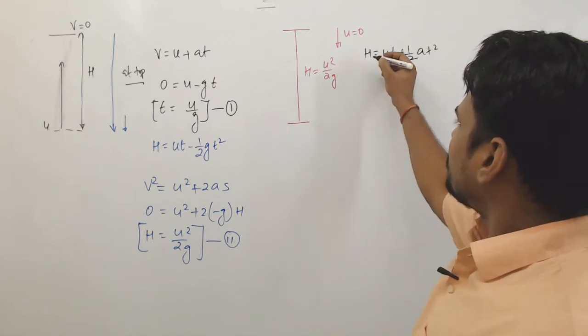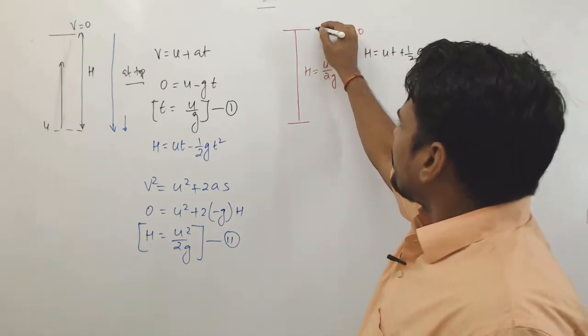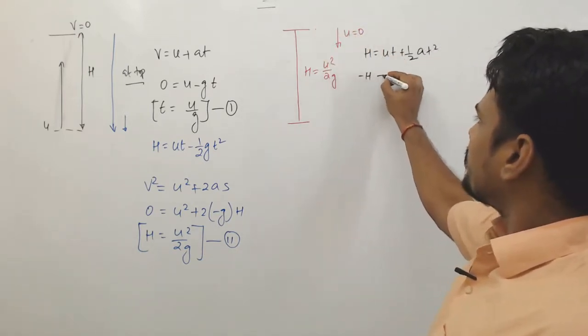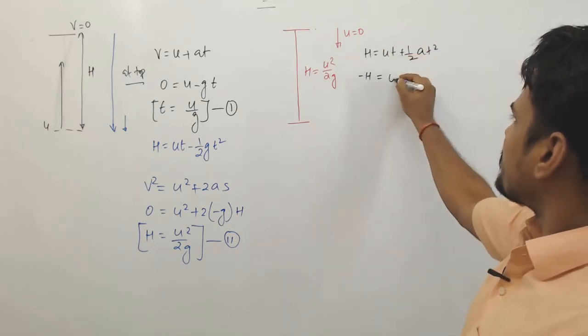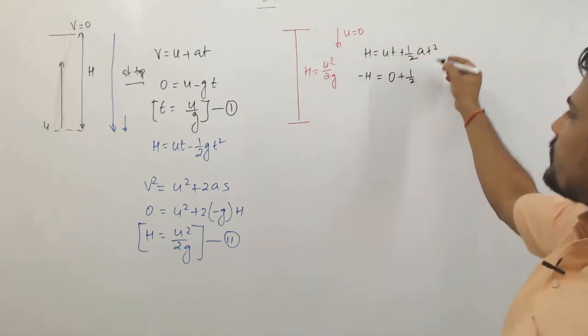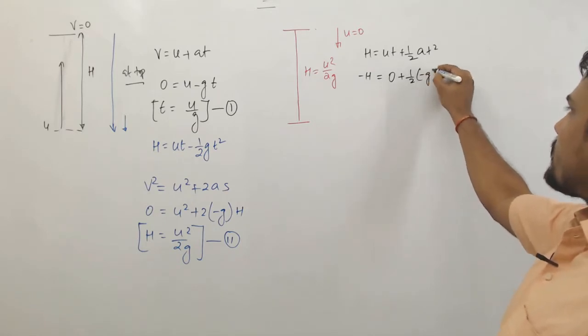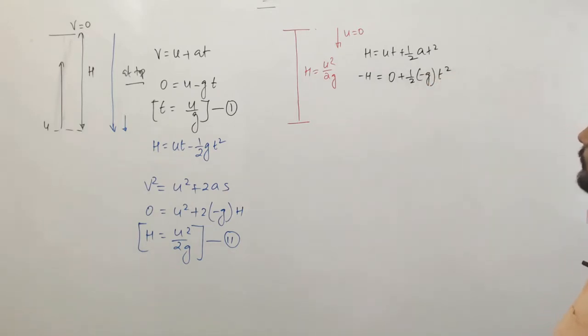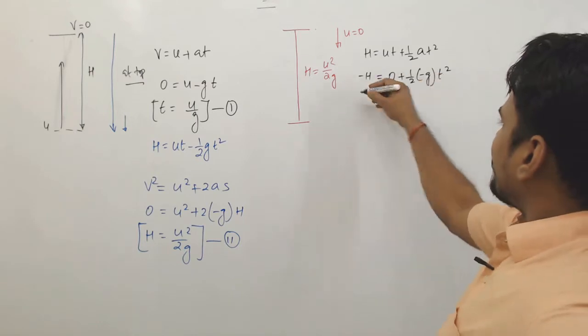Now h is downward, so it's going to be minus h, equals u, which is 0, so forget it, plus 1 upon 2, a is downward which is minus g, times t square. Negative would get cancelled.